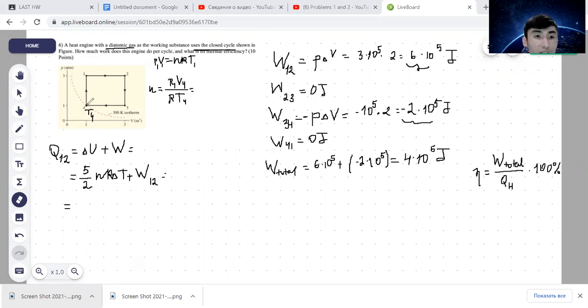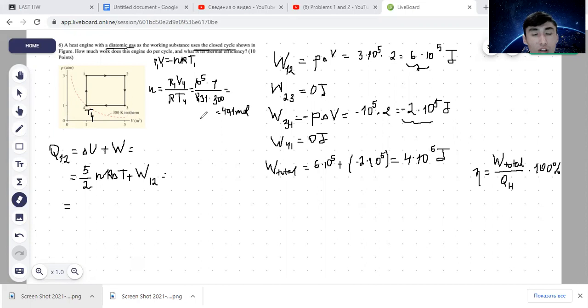P4, as we see in this PV diagram, is equal to 1 atmosphere, times V4, which is also given, over R, the ideal gas constant 8.31, times T4. T4 is 300 Kelvin. So here the number of moles equals 40.1 mole.